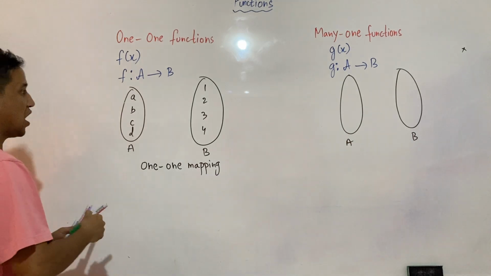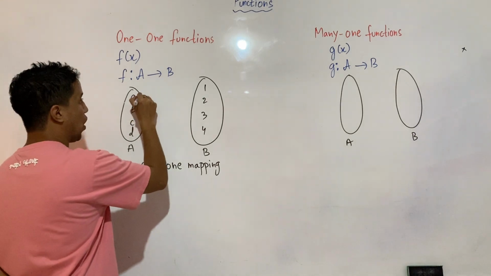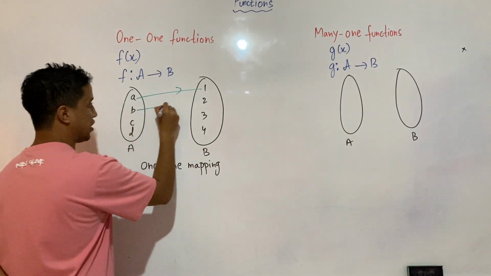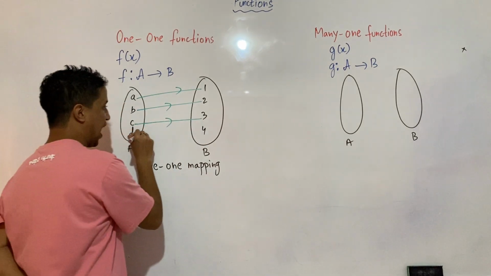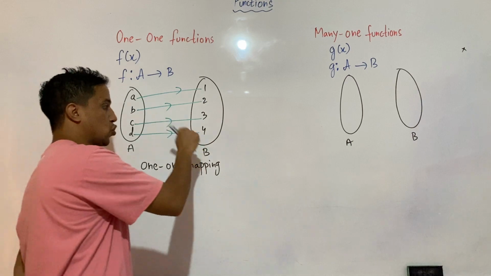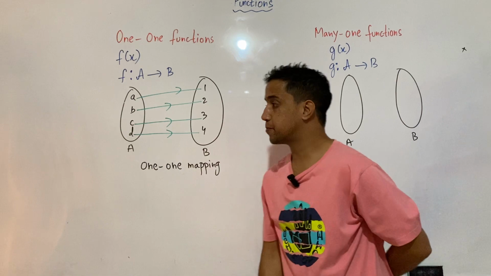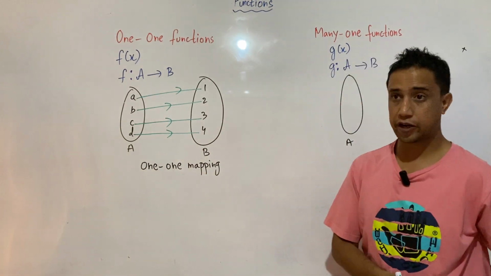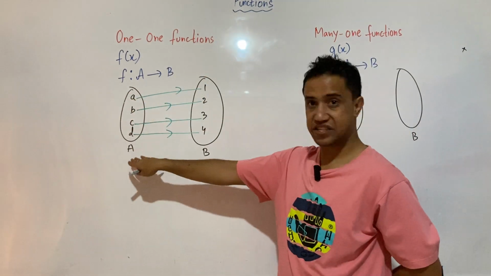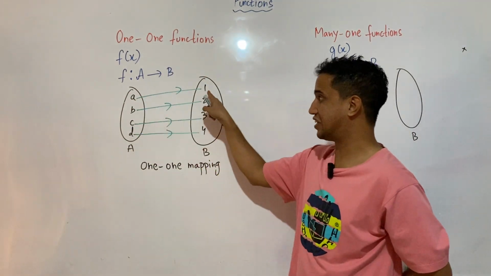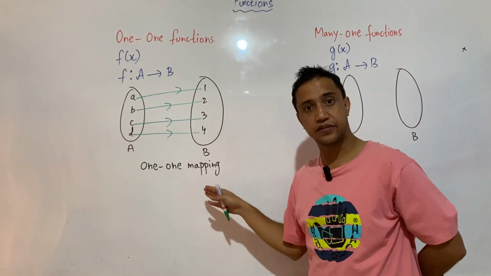It means that each element in set A is related to one element in set B. Each element is related to one element, and this element is also related to one element. So this is a one-one function because it follows one-one mapping. Each element in set A, in your domain, must be related to a single and unique element in set B.